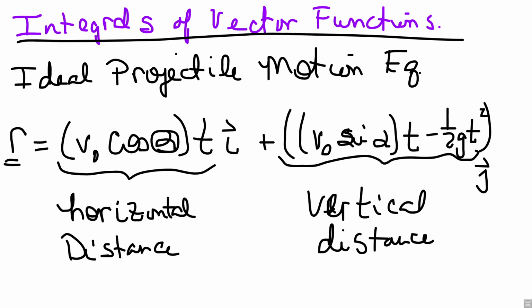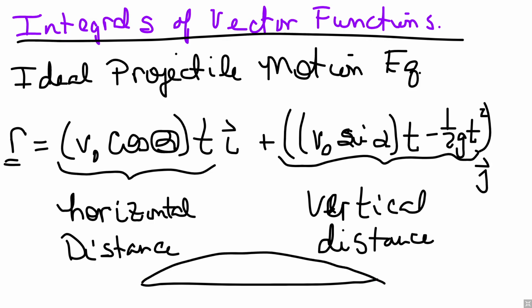Alpha is going to be your angle. When you're thinking about alpha, if this is your horizontal and this is your projectile, alpha is the angle that is formed between the horizontal and the projectile.